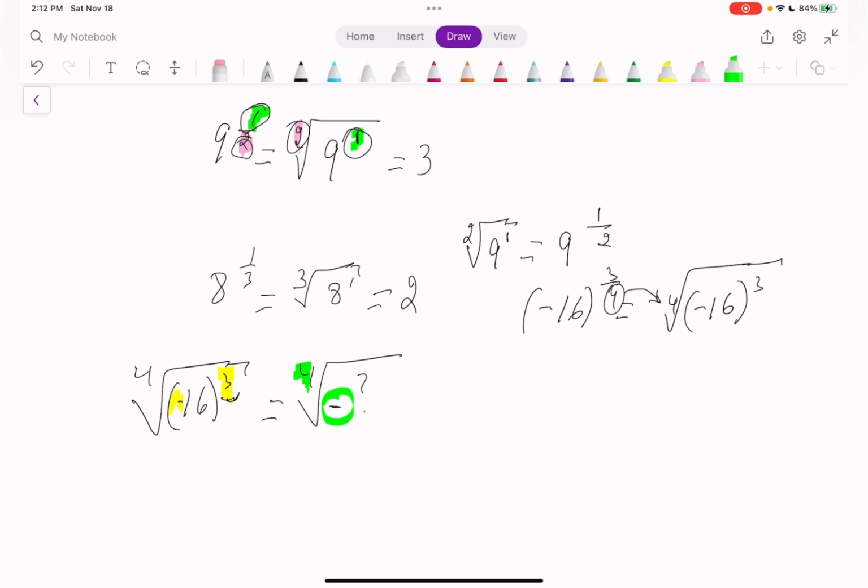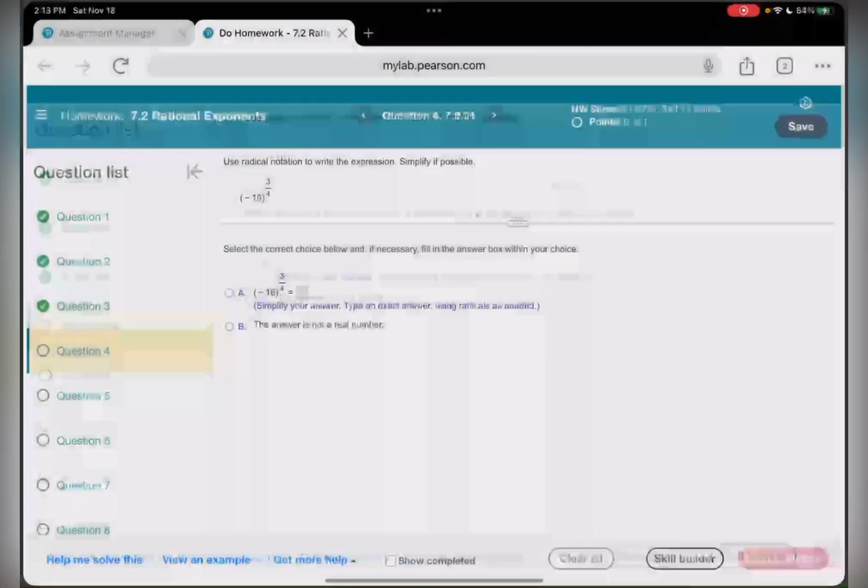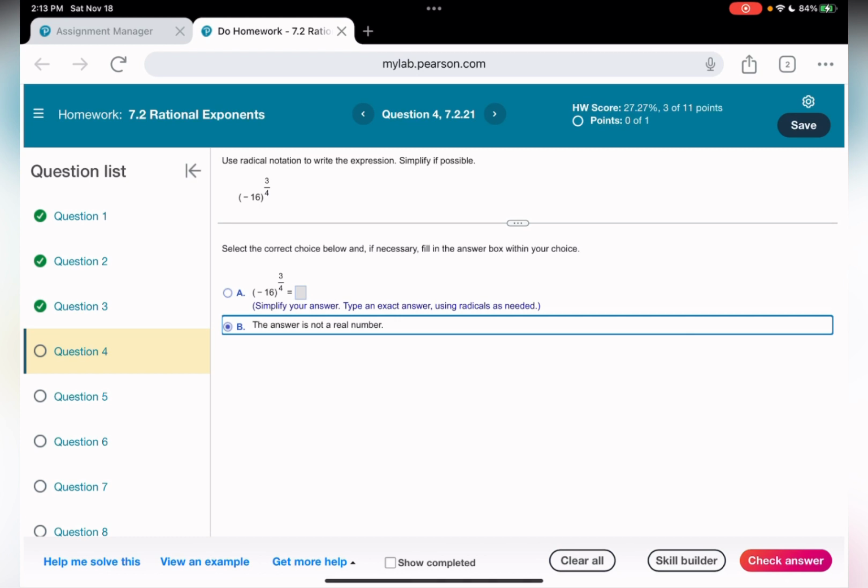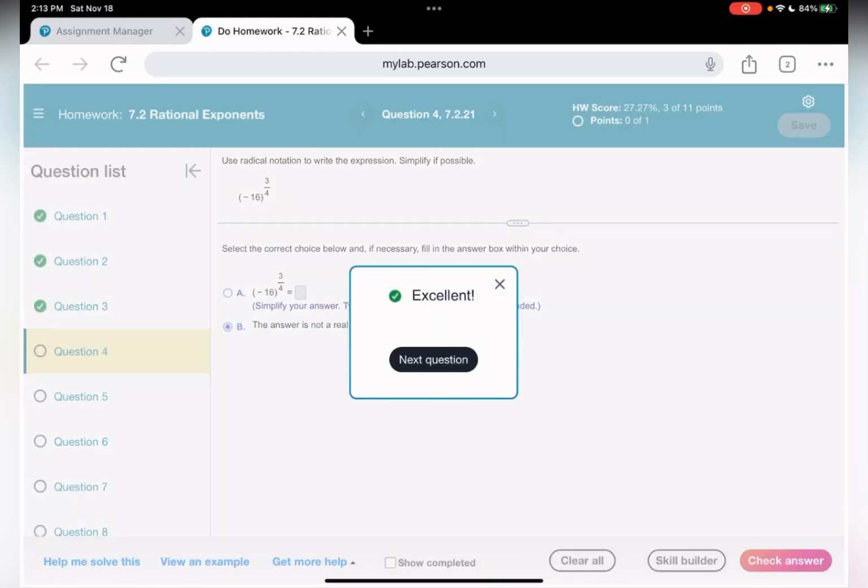The bottom line is because we have even degree of radical, and the number under radical is negative, and it's going to stay negative because we have degree 3 here, which is odd, and keeps the negative sign. Therefore, easily we put no solution. Not a real number. Next one.